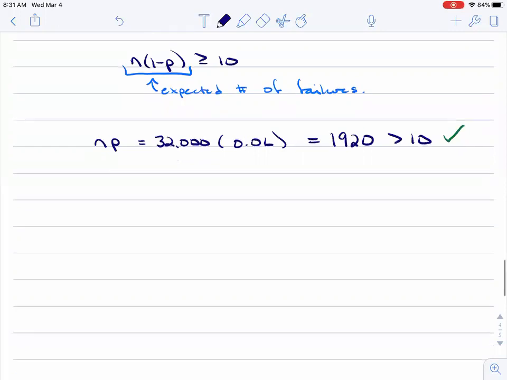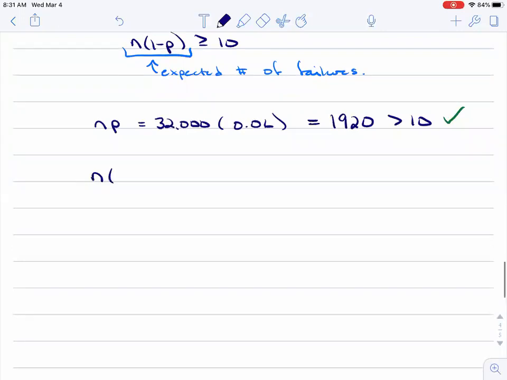Right? So if we do n times 1 minus p, which is 32,000 times 0.94, is 30,080.